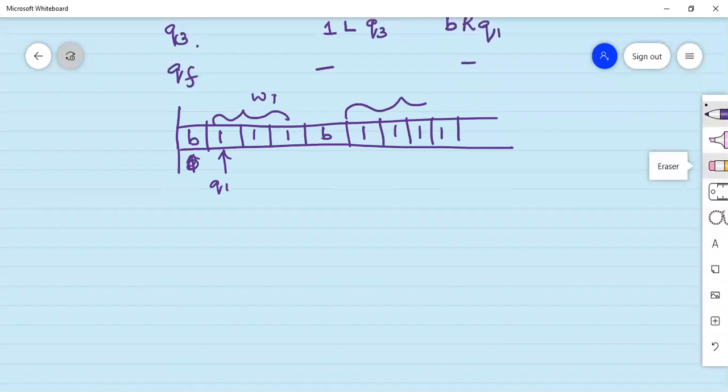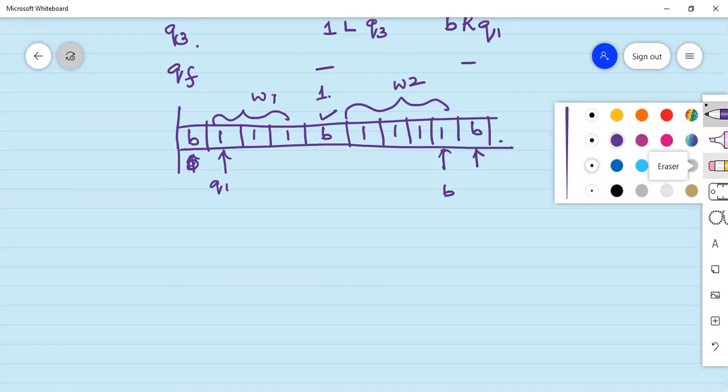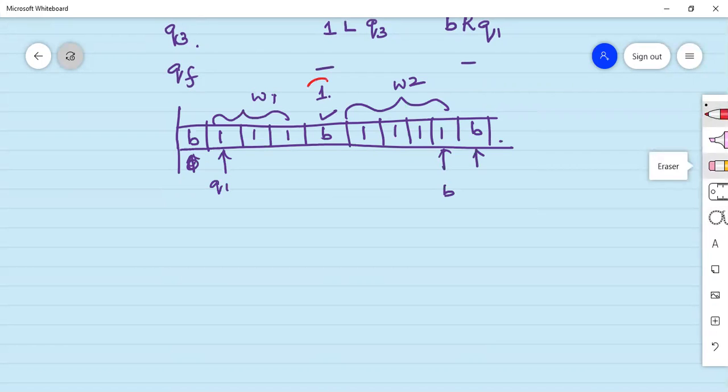So we'll have W2 and then there will be a blank. My job is, as we have seen, to convert this blank into 1, this 1 into blank, correct? So when we determine the logic, we wanted to convert this blank into 1 and this 1 into blank is what we are trying to do.